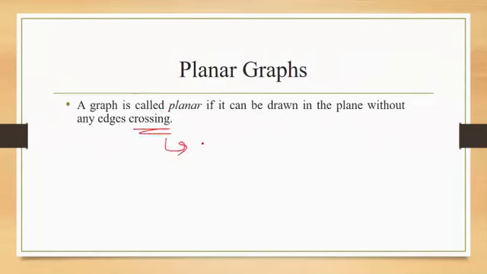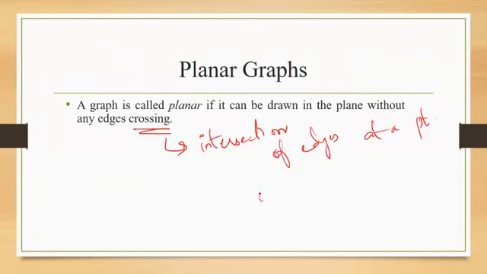If two edges intersect, that is, the lines or arcs representing them meet at a point other than the vertex. At a vertex obviously they will meet, but if they meet somewhere other than a vertex, then that is called a crossing.